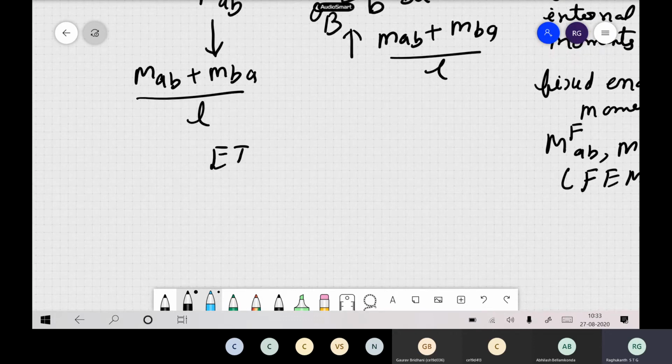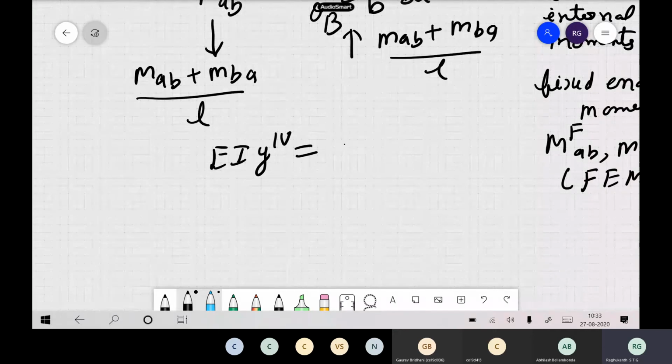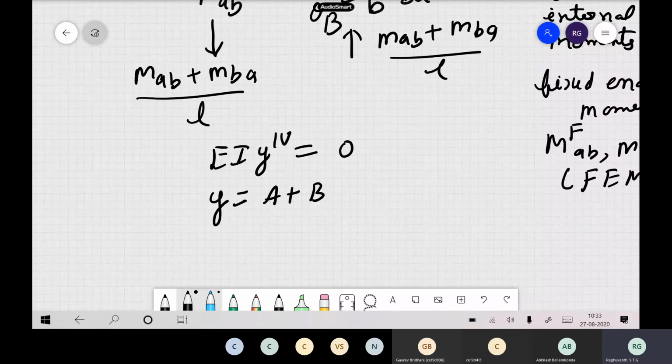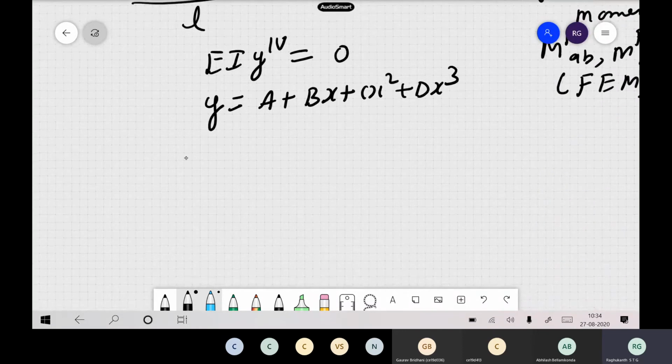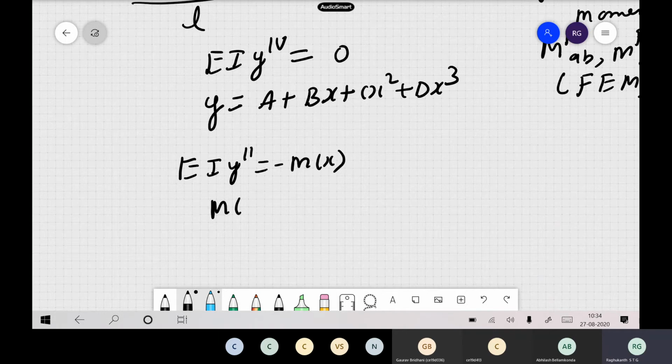EI, the fourth order equation. If you ignore the load, you have zero. So y is equal to a plus bx plus cx square plus dx cubed. Or you can directly start with second order also, that is EI y double dash is equal to minus M of x, the bending moment.